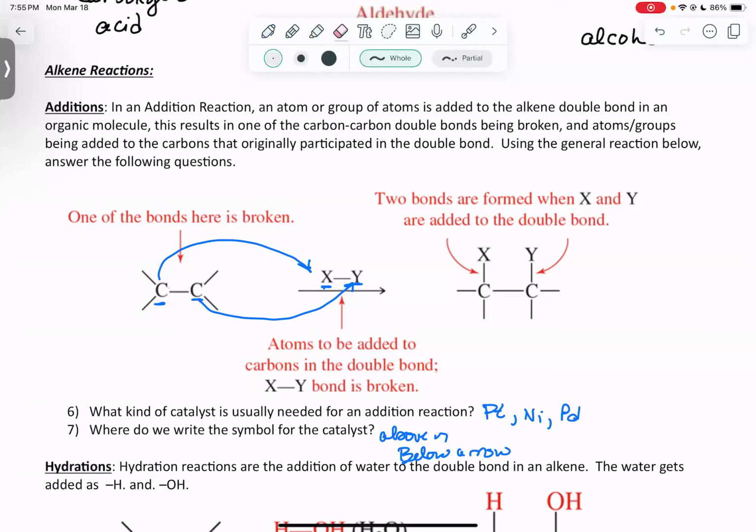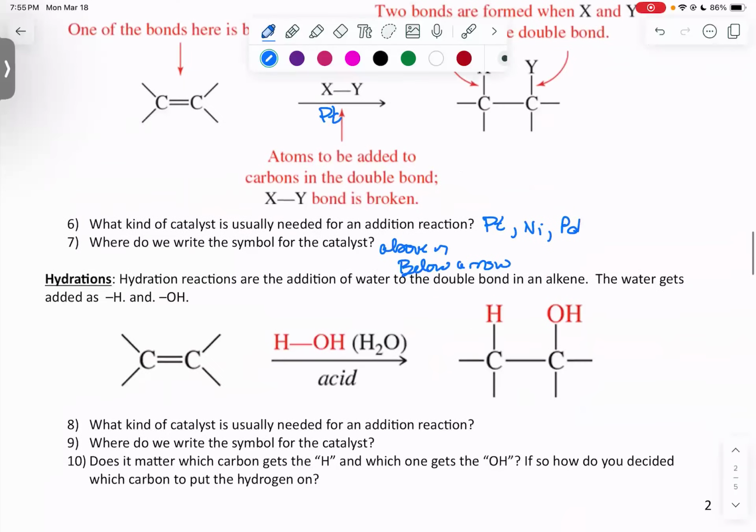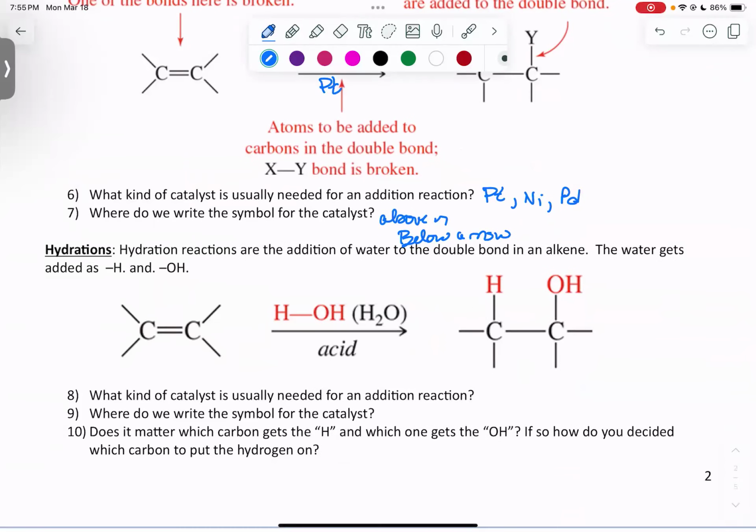So in this case, because there's already something above the arrow, I'll erase this stuff, and I would write a platinum catalyst right under. Okay, so there are a couple of different kinds of addition reactions that you can have.